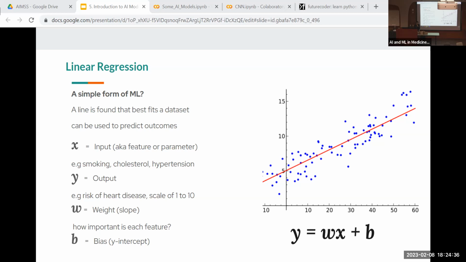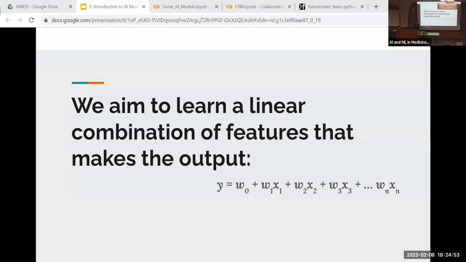So we have X as input and Y as output, and our goal is to fit a line to our data so that we can make a linear combination of the features to produce the output that we want. In linear regression, the goal is to learn a linear combination of features that can make the output for us.